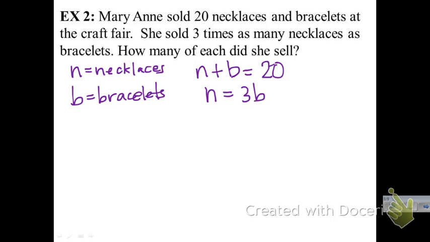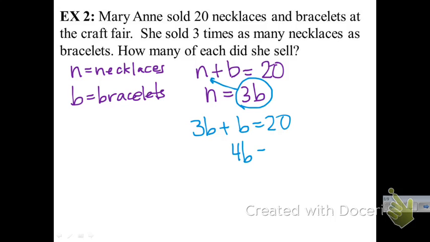From here, we're going to use substitution. Because n is all by itself in the bottom equation, I'm going to replace that n there. So we get 3b plus b equals 20. To solve this, we add 3b and b to get 4b. Divide by 4. B is 5. Then we're going to substitute that b right into that equation right there.